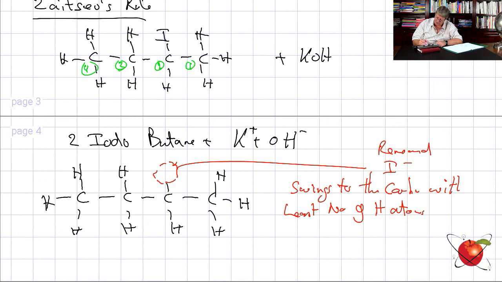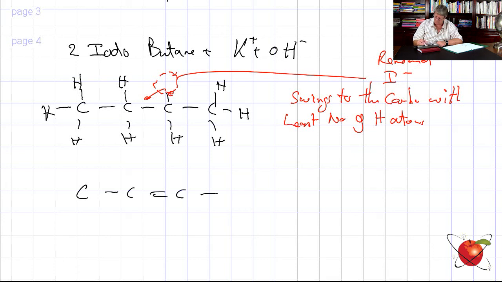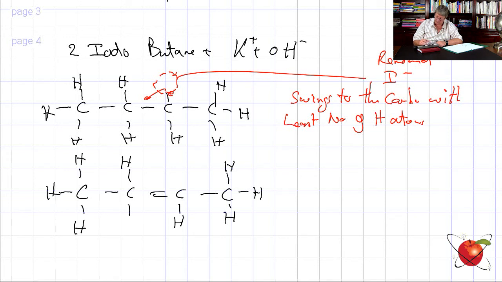So this electron here will prefer to go that way. Maybe it could have gone the other way. Right? So it prefers to form this one. Like so.